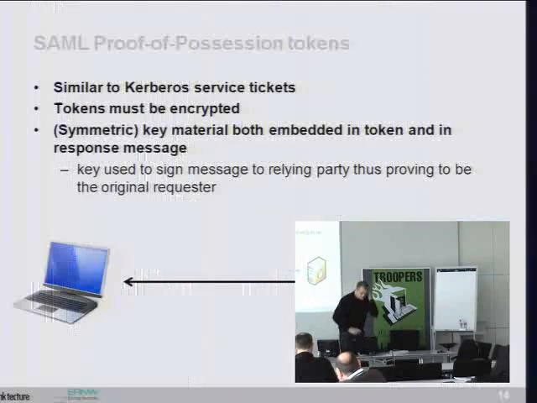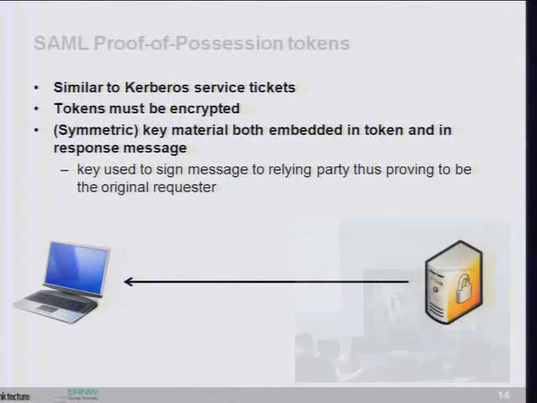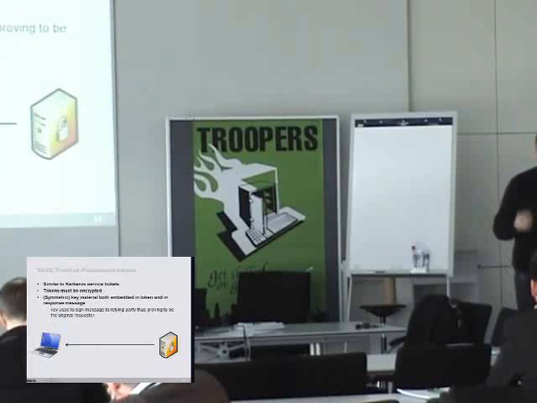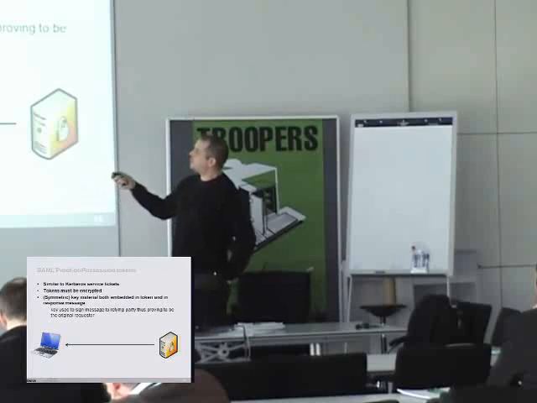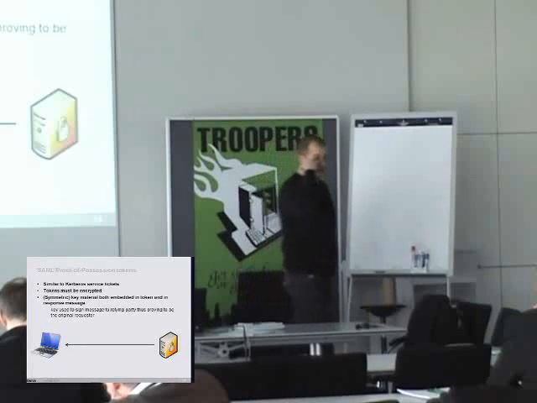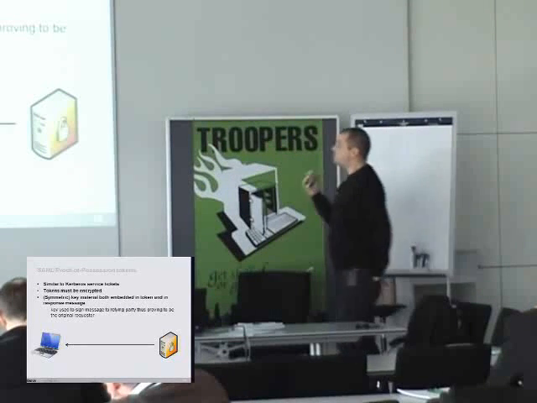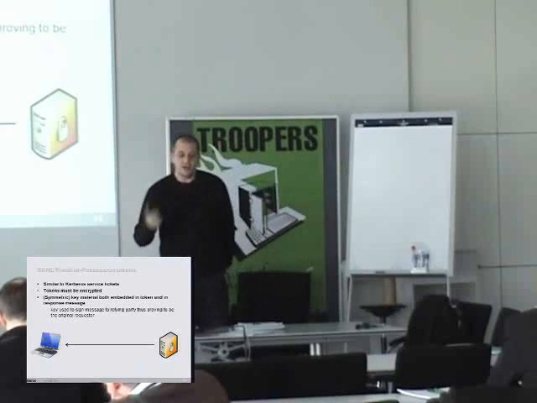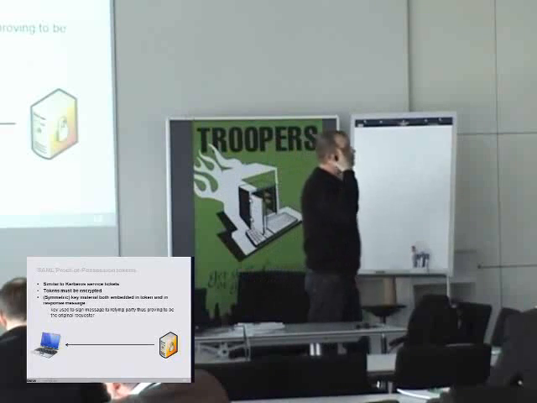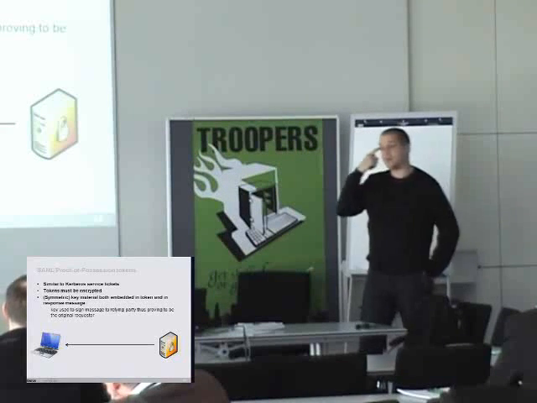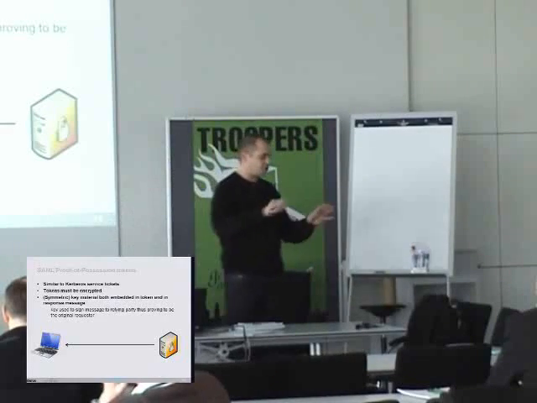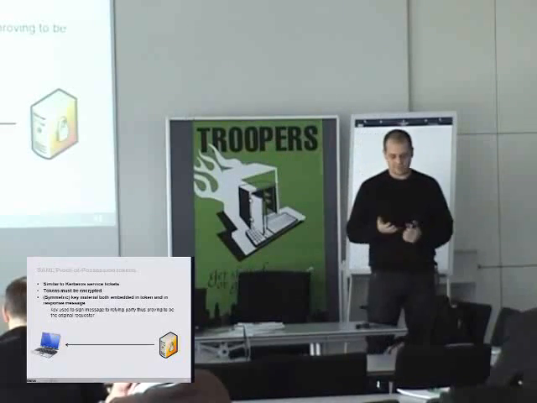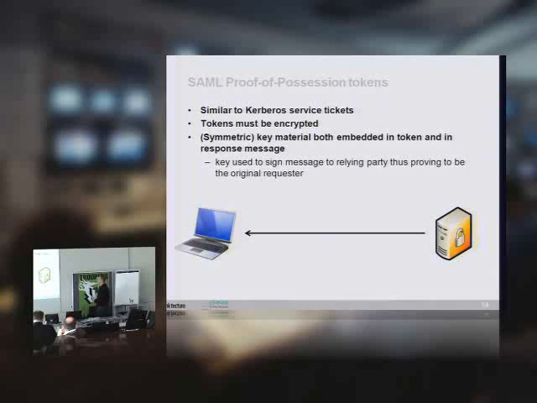And here, because the client is more capable and has more APIs, we can make things much more secure. So this is very, very similar to how Kerberos service tickets work. When you request a token, first of all, WS-Trust mandates that you encrypt the token. There's no way around that, otherwise you would have to quite manually turn down all kinds of security controls that are in the protocol.